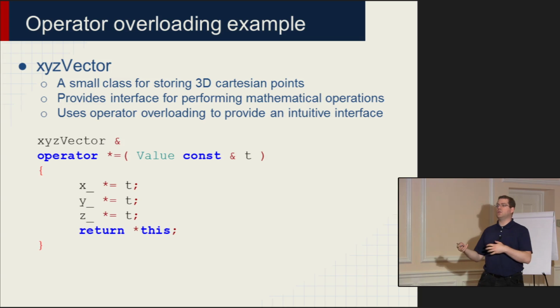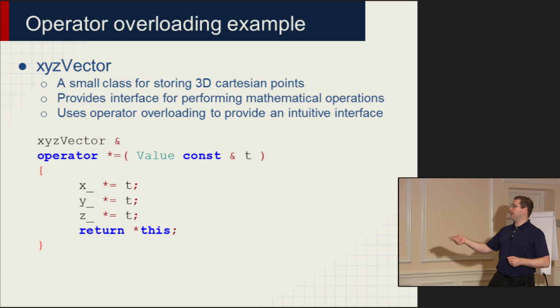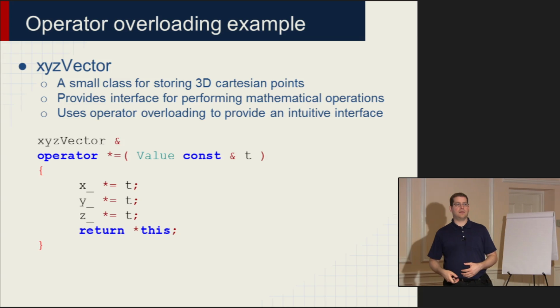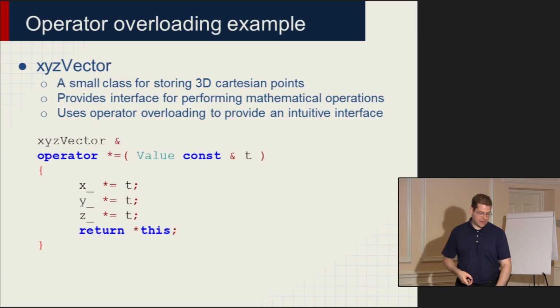For example, here, this is the assignment equals operator. And so if you wanted to multiply an XYZ point, so a vector, by a scalar factor, you have your scalar factor here, and then you just multiply in place each of the x, y, and z by that scalar factor, and return a reference to the object that you're operating on.